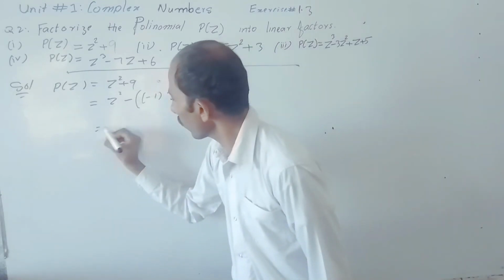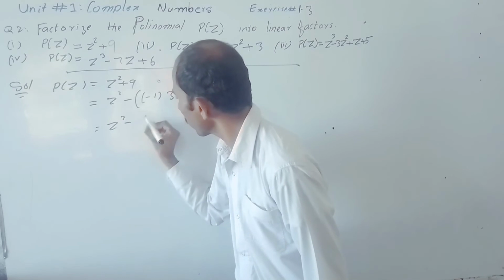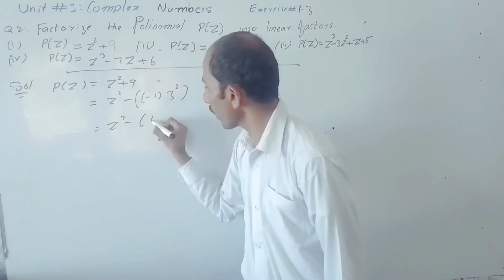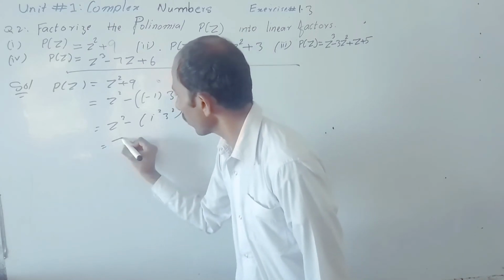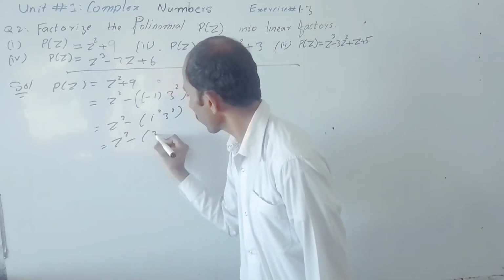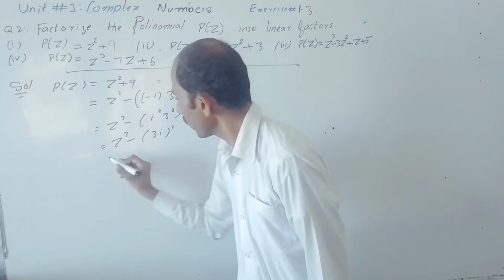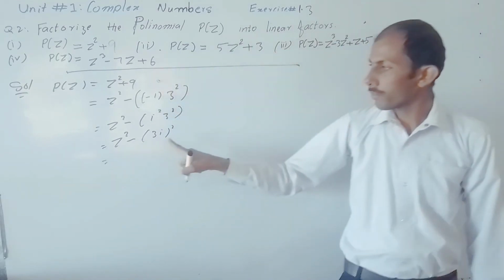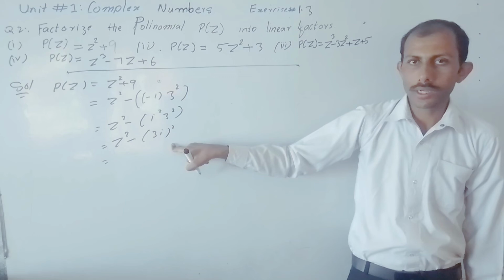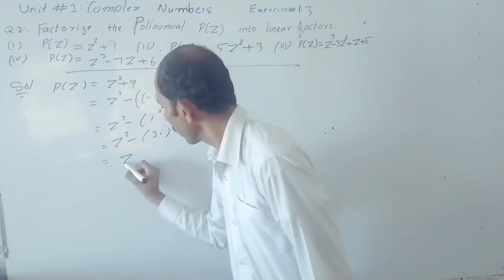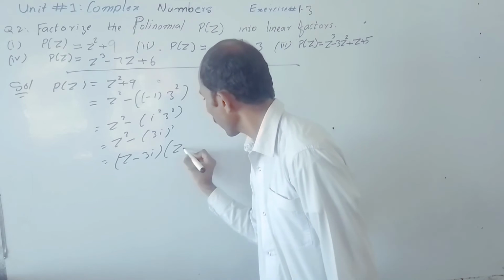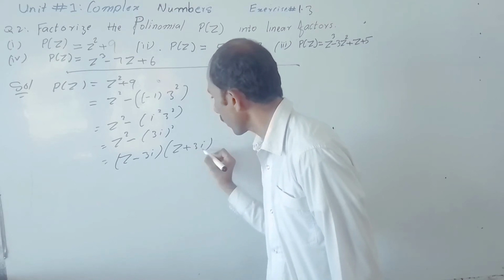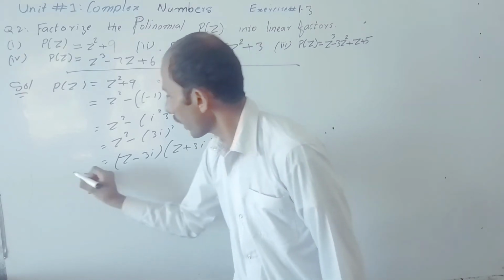So z square minus into minus 1 is equal to iota square, 3 square, which is equal to z square minus 3 iota whole square. So next, z square minus 3 iota whole square can also be written in the form of z minus 3 iota into z plus 3 iota, which is the required solution.